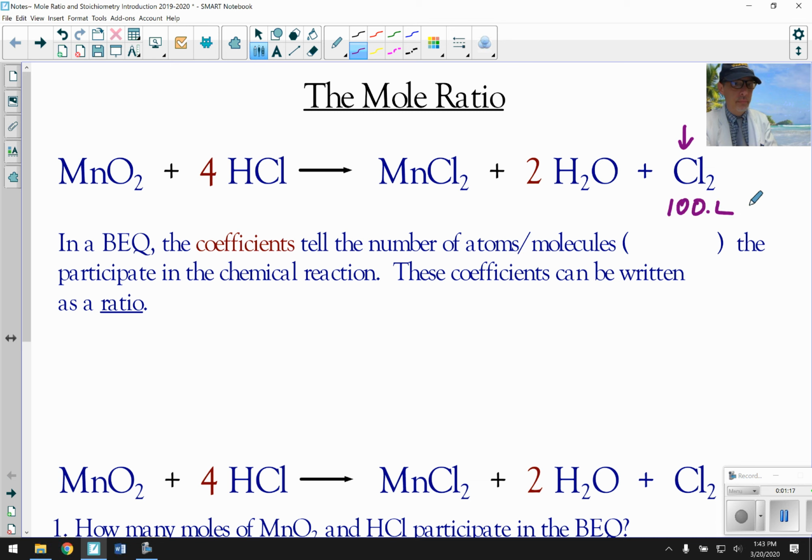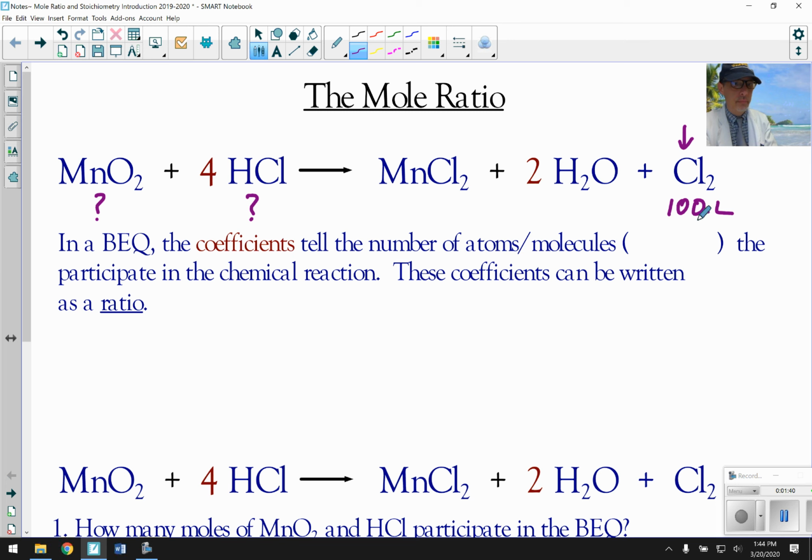Now you might want to know, how much HCl do I need to start off with in order to get my 100 liters? How much MnO2 do I need to start off with to make my 100 liters? Now, you might say, well, if I put about 500 of these and 400 liters of this, wouldn't I for sure get 100 liters of chlorine?